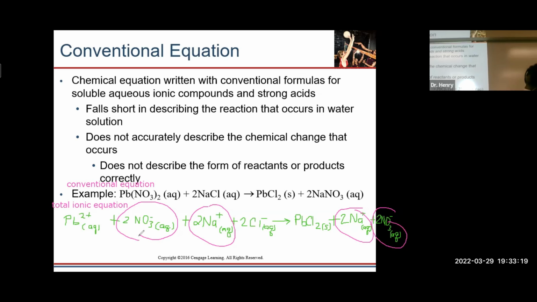The nitrate is the spectator because we have the nitrate ion here and we have the nitrate ions here. The sodium is a spectator because it's exactly the same on both sides of the equation. So when we take the net ionic equation, we just remove the spectators.